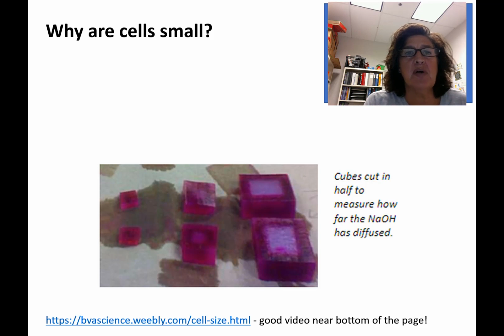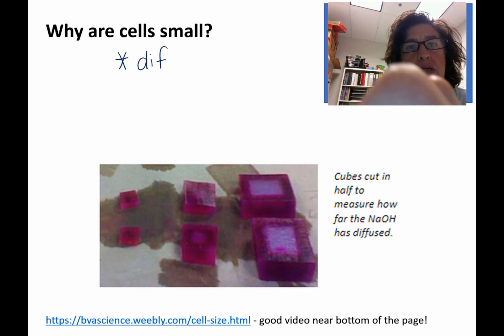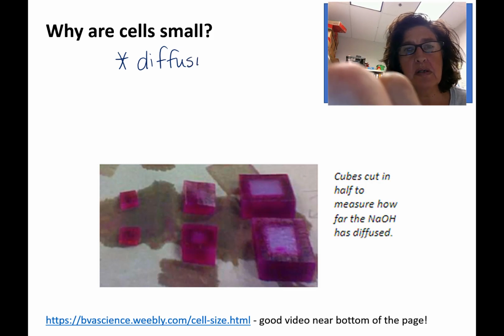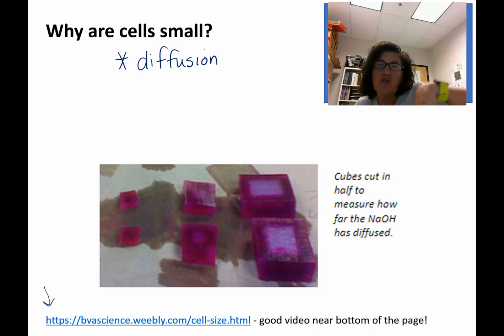Cells have to be small because of something called diffusion. And I got this image from this website here, and if you scroll down to the bottom, there's a good little video about diffusion. Diffusion is just the passive movement of molecules from high to low concentration.